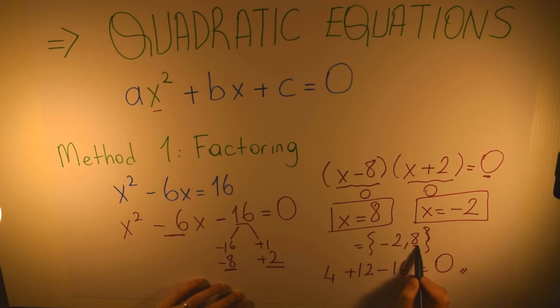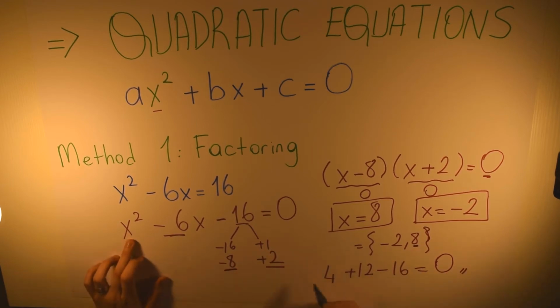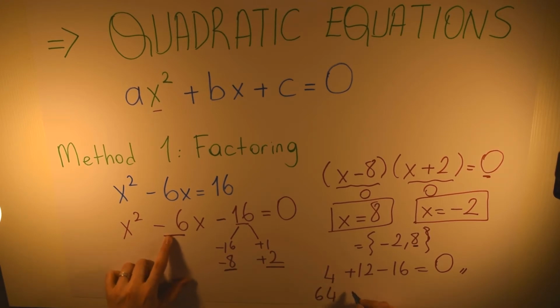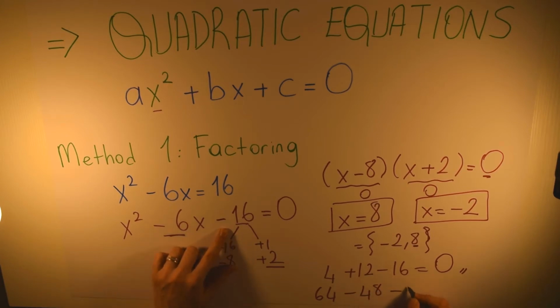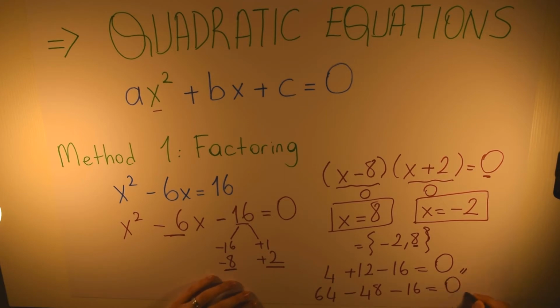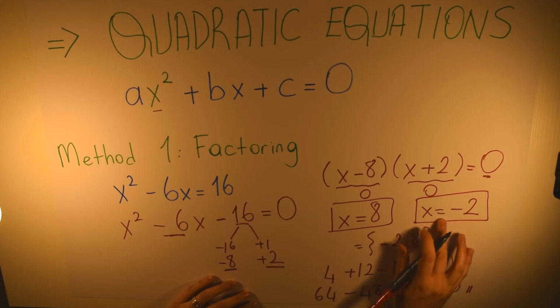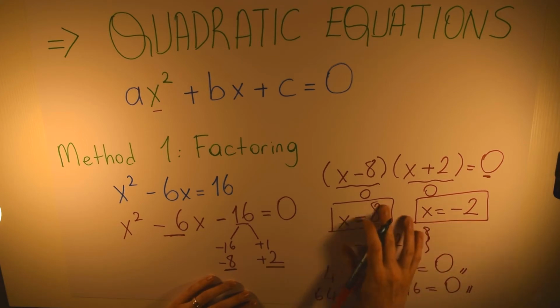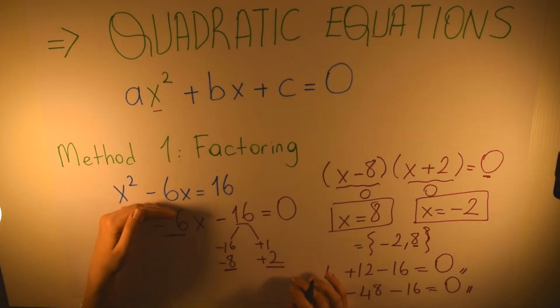Let's try 8. Here 8 squared is 64. 8 times 6 is minus 48, minus 16, right? So 64 minus 48 is 16, minus 16 is equal to 0. As you can see, both values are correct for my equation.